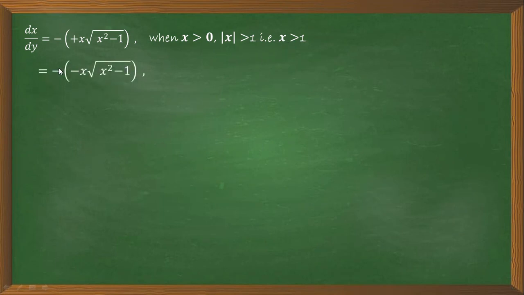Now again see here, this is minus as it is. Now in the bracket, see this quantity and the condition. See, when x is less than 0, modulus of x greater than 1, that is x less than minus 1. Again, as per that, cosec y into cot y is positive, this quantity in the bracket is also a positive quantity, because of x less than minus 1.